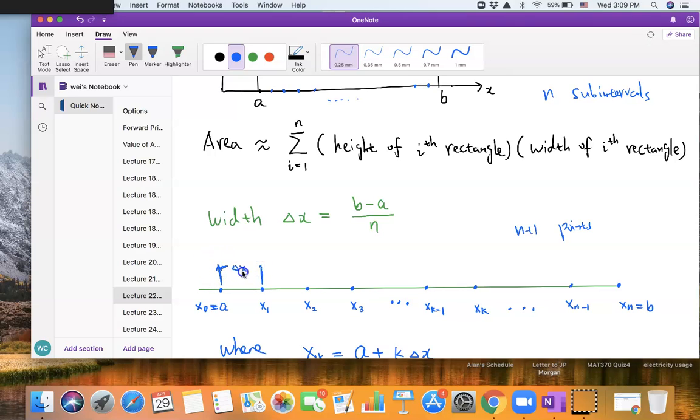So this is delta x, and this is also delta x, and this is also delta x.